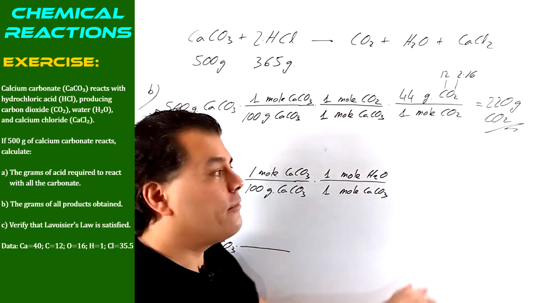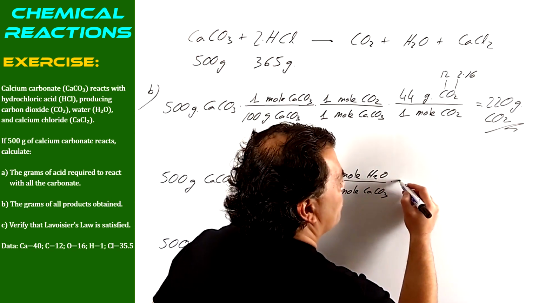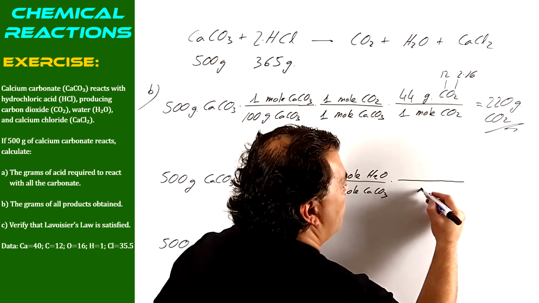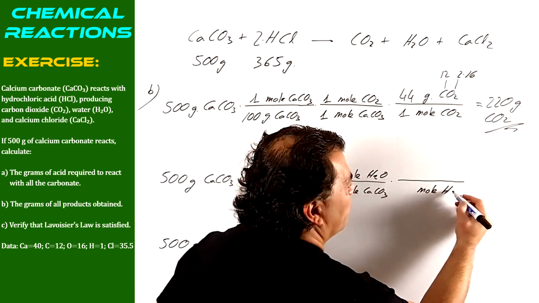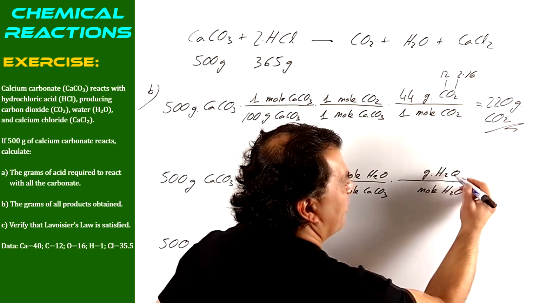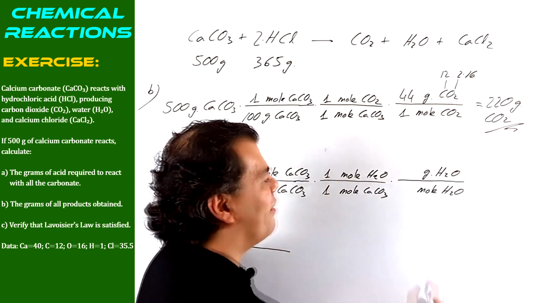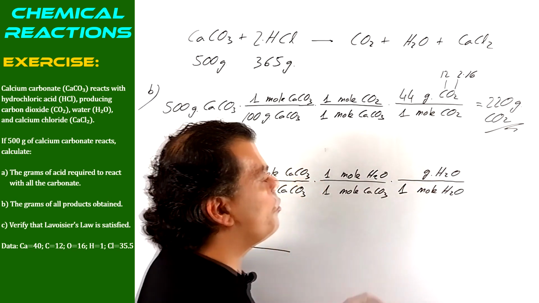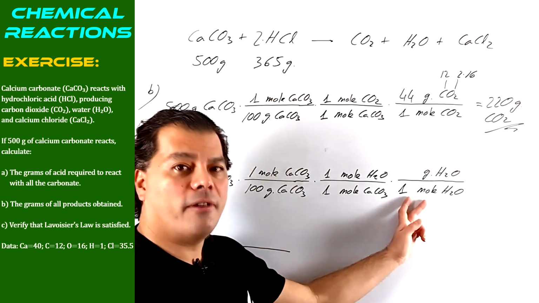And the third conversion factor serves to move from moles of water to get into grams of water. And as usual, with only 1 mole, we will do our calculation.